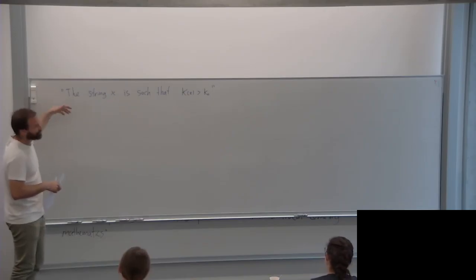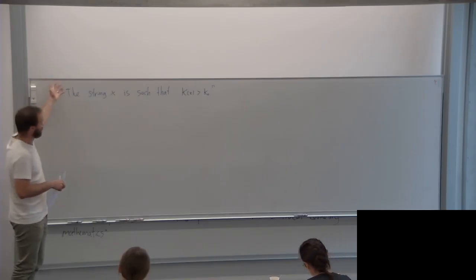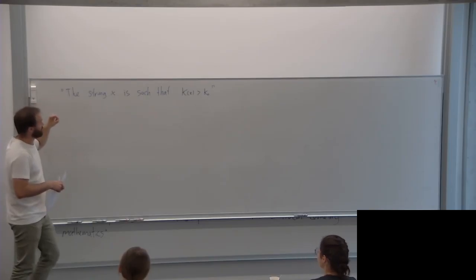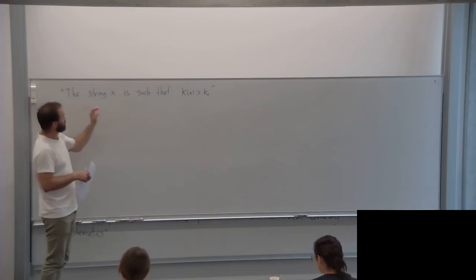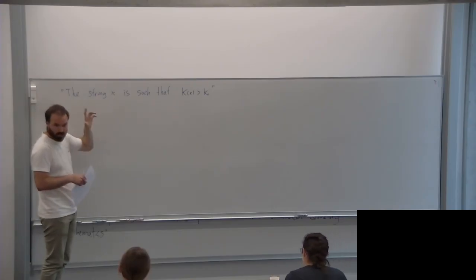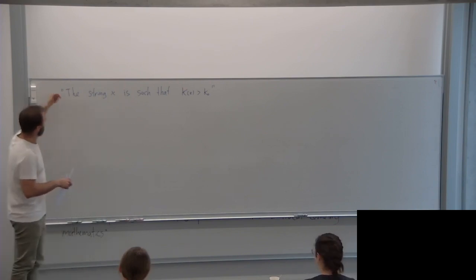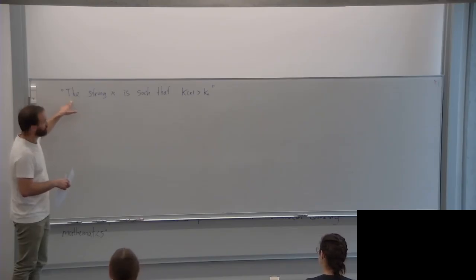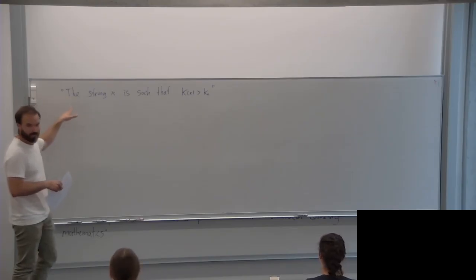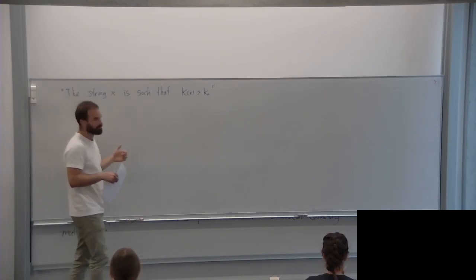So the correct statement was that for every formal axiomatic theory, there exist, more than that, almost all strings x, meaning all strings except a finite number. For all of those strings, that sentence will be true, but it cannot be a theorem of the formal axiomatic system.